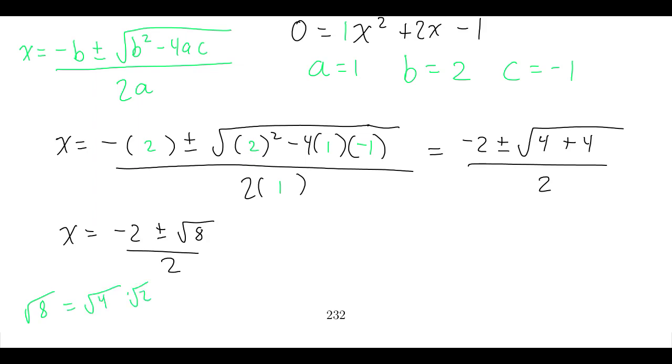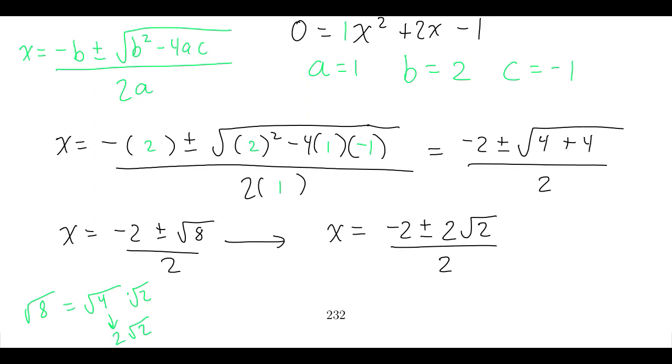And I know the square root of 4 is 2, so that's 2 square root of 2. A lot of 2's going on here. So x equals negative 2 plus or minus 2 square root of 2, because that's where the square root of 8 was, all over 2.